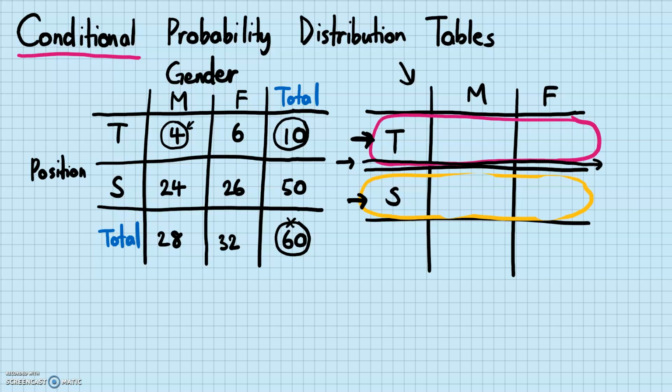So we're doing 4 divided by 10 instead of 4 divided by 60, which gives us 0.4, and for female teachers, we're doing 6 divided by 10, so we're going to get 0.6. So what does this mean? This means that just looking at this row, or just looking at the teachers, 40% of them are male and 60% of them are female. And of course, if you add these two, you have to get 1, because this is all of the teachers.